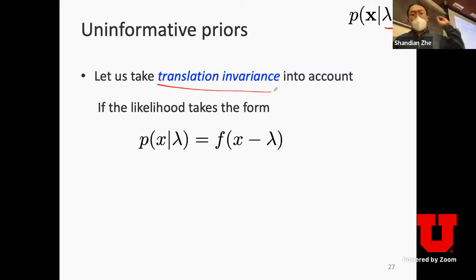And then we're going to look at the general uninformative prior, which satisfies the translation invariance. So we can first consider one particular type of translation invariance called shift invariance. So what is shift invariance?